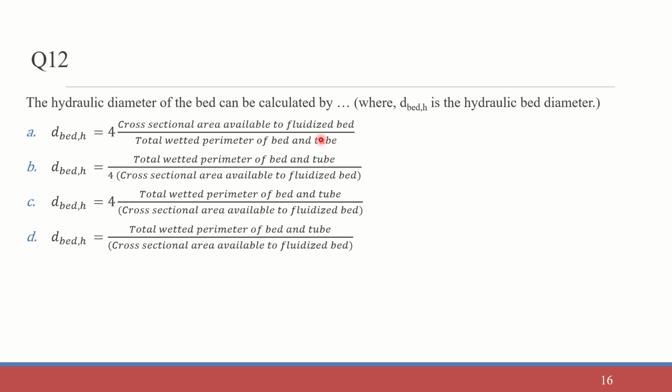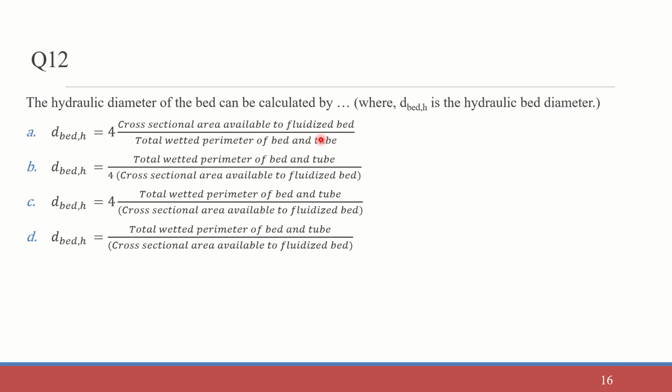As I mentioned, because of the presence of tubes or some internal features, we are required to calculate the hydraulic diameter of the bed. So in that case, we use this particular formula.